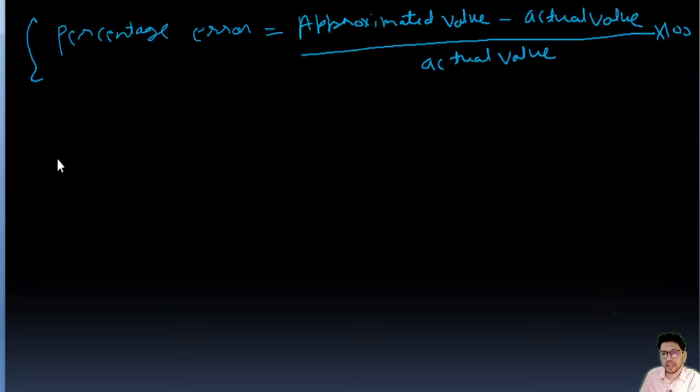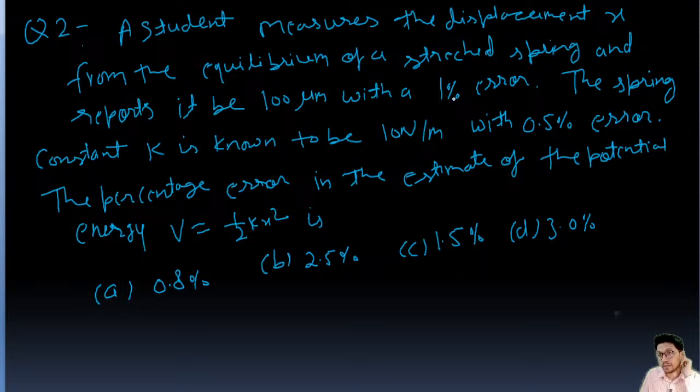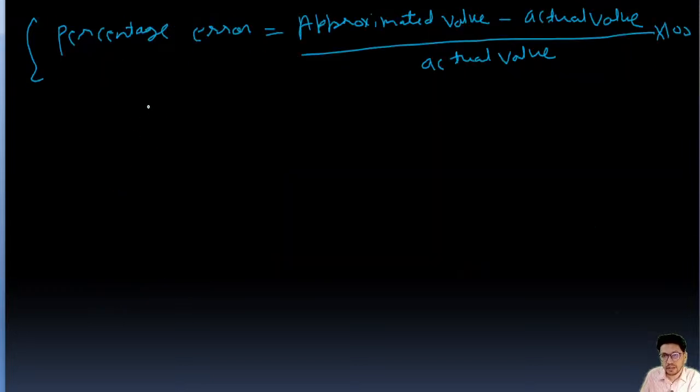So what error is given? The percentage error in this stretched spring, reported with 1% error. So error means error in displacement, that is delta x upon x into 100, or we can write delta x upon x percentage equal to the given 1%.